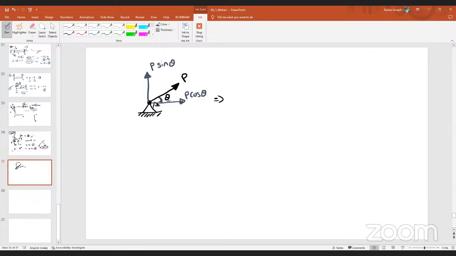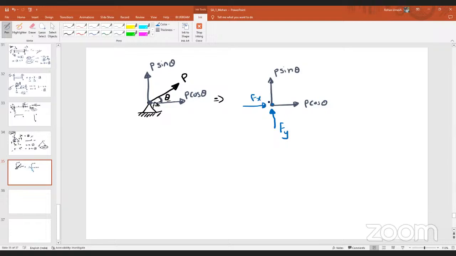Now, if I want to consider the free body diagram at point A, I am considering my forces: P cos theta, and this is my force P sin theta, isn't it? Now, how many reactions will develop at point A? Sir, 2. As it is a support, there might be some unknown force Fy, and also there might be some unknown force Fx.